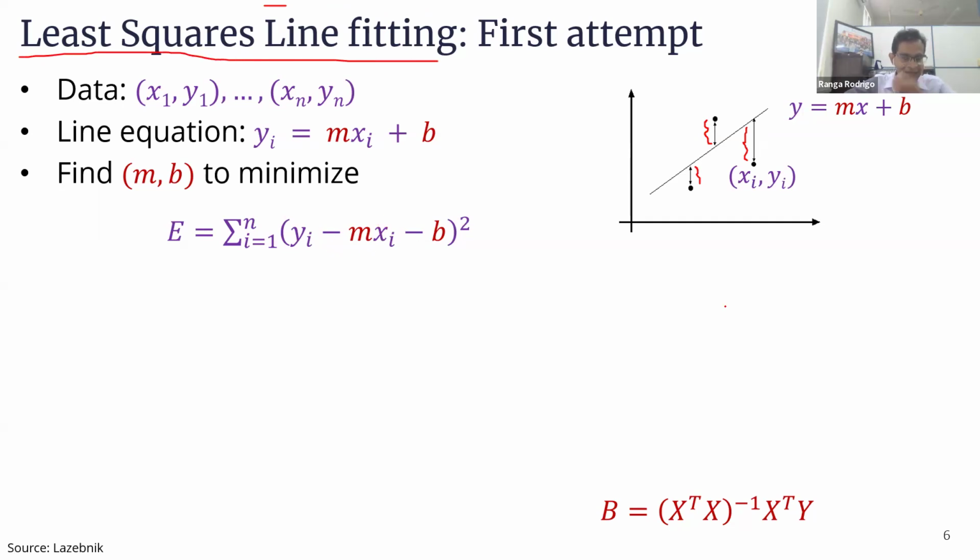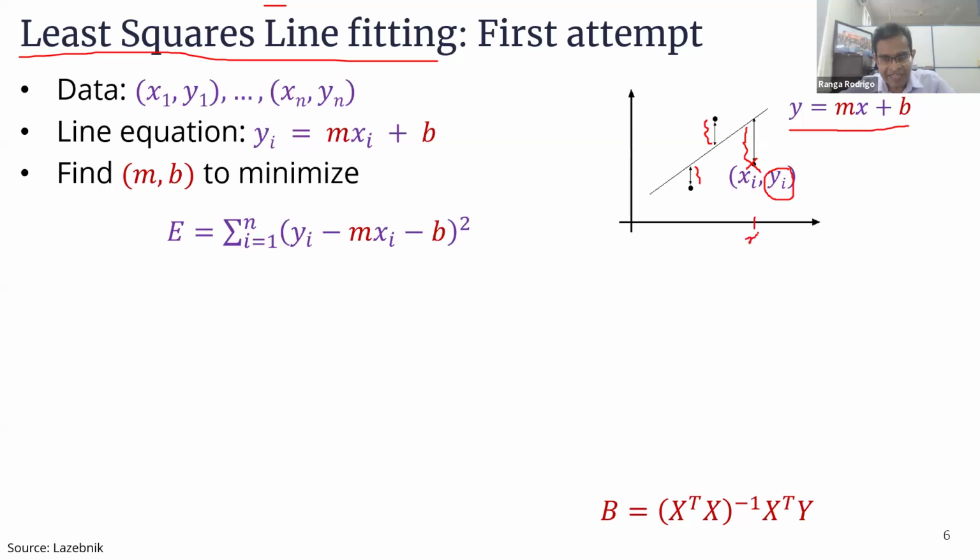If you take this point, it is xi, yi, its y coordinate is yi. Now, assuming that we have m and b, we don't have them yet, but assuming that we do, what is the y that the line predicts?